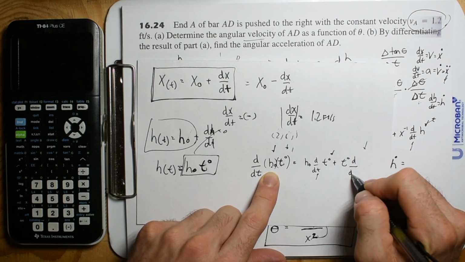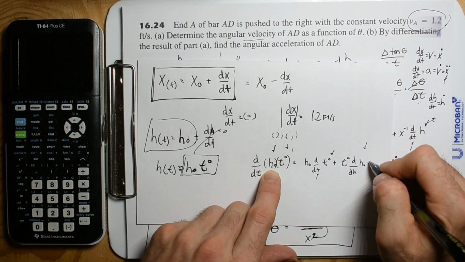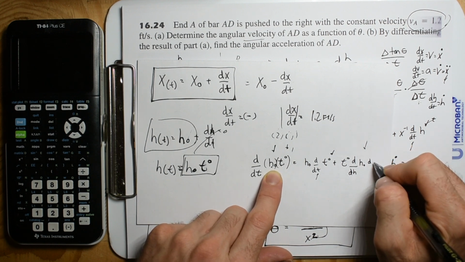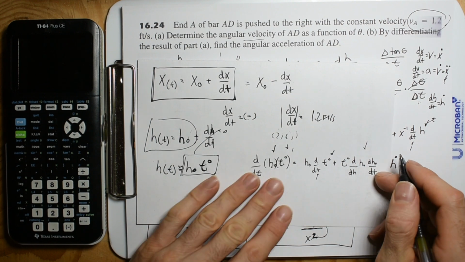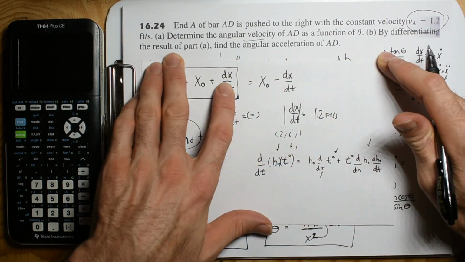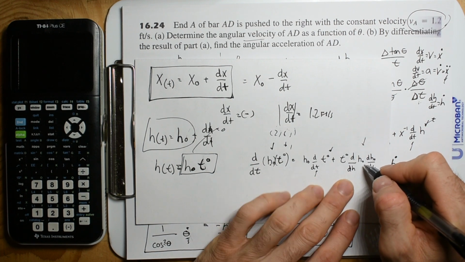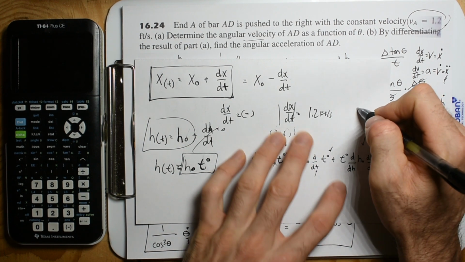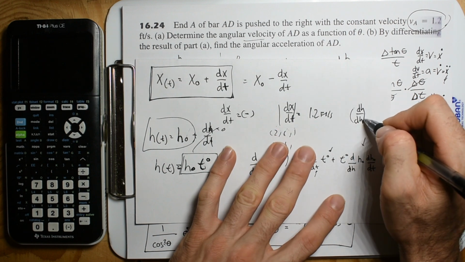So let's go d/dh of h naught. And then we're going to go dh naught/dt. So yeah, dh, that's just going to be 1, you know what I mean?